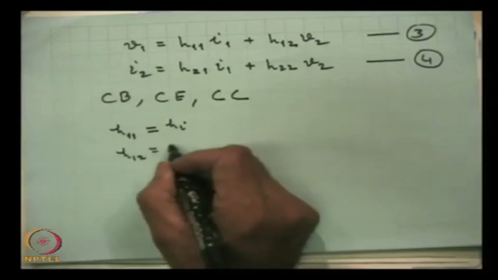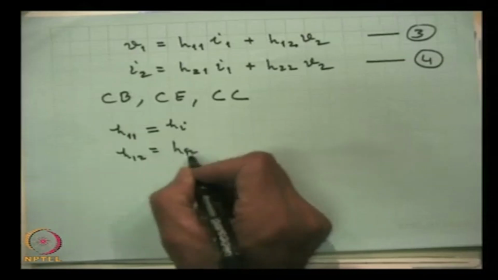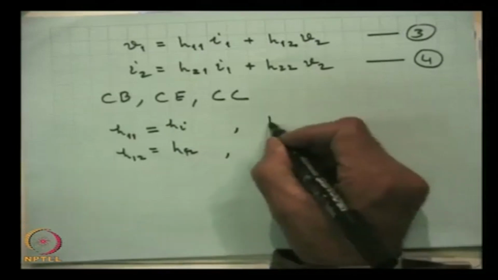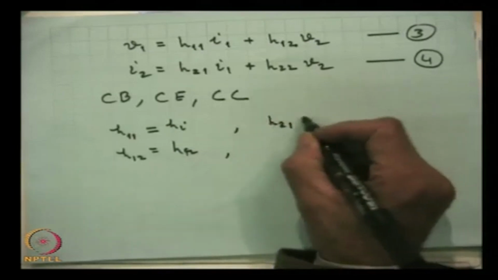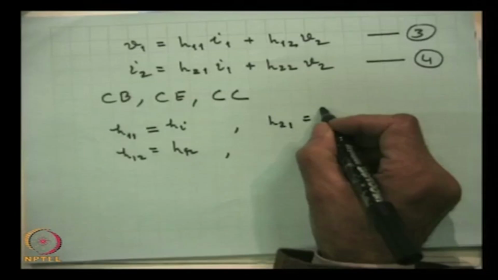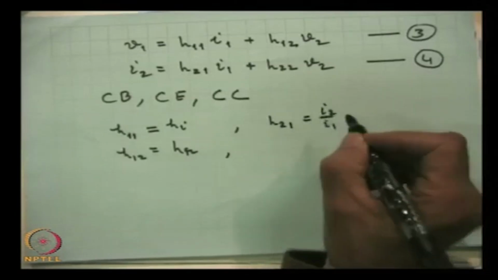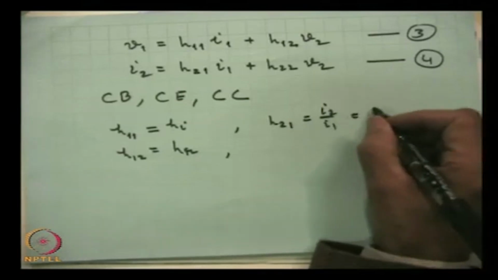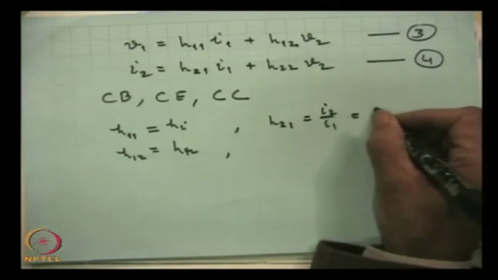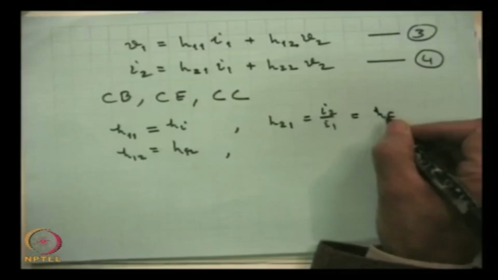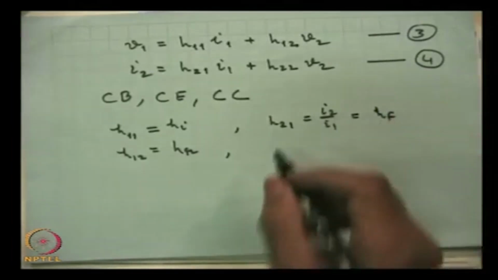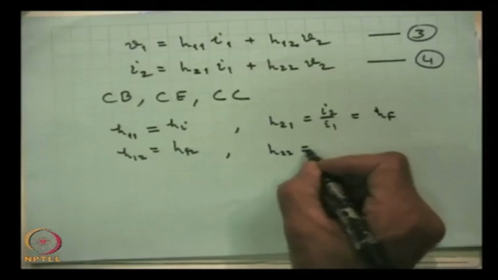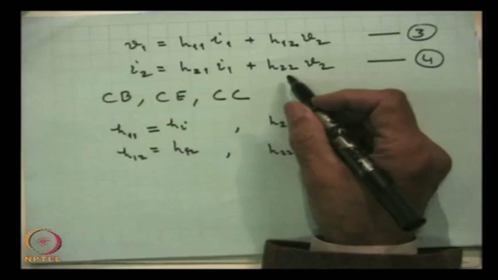So this is HR, R for reverse, and similarly H21 is I2 by I1 under certain conditions, but this is written as HF, F for forward, and the fourth parameter H22 has dimensions of admittance.